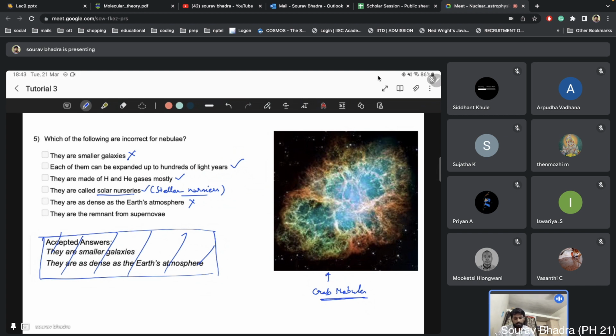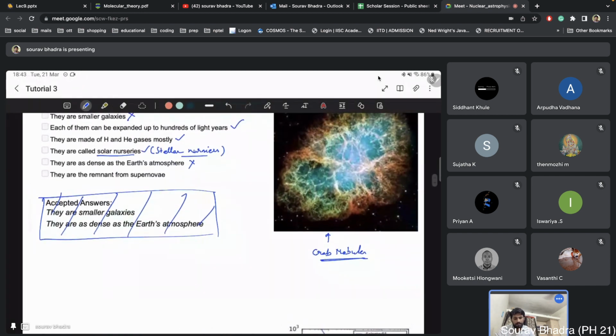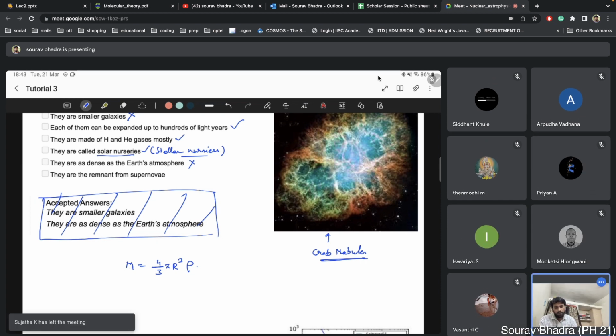Okay, so you can think that the mass is like 4/3 pi r cubed times rho. If you have a particular value of mass, suppose this mass is constant for two different objects, then the object which has a very high value of r should have a low value of density, so that m is constant.